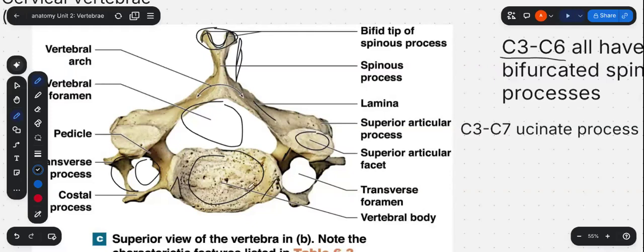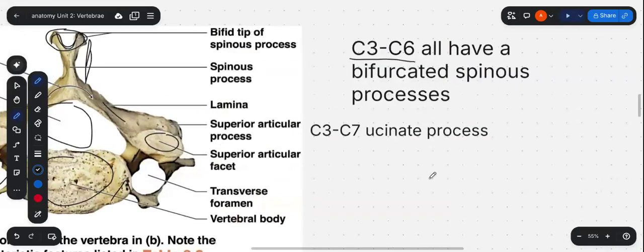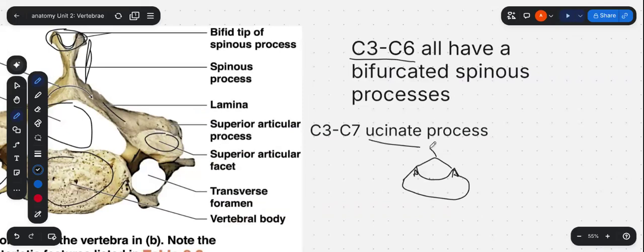Since this is a superior view, you aren't going to really be able to see it, but if I were to draw it out in a better view, it would basically look like this. So this is what the vertebral body would look like. And these two points over here and over here, these are known as your uncinate processes. And again, C3 to C7.